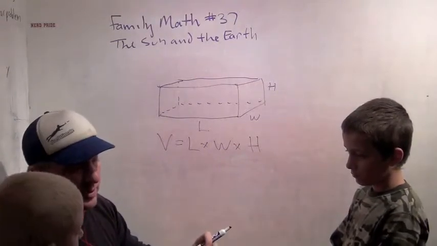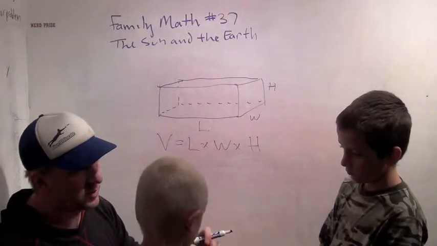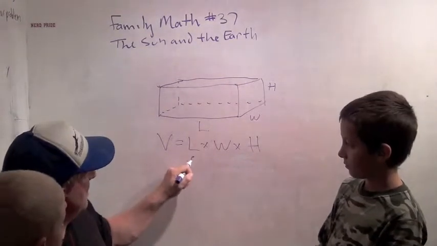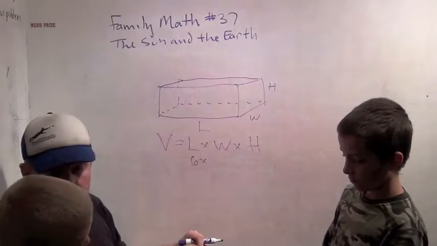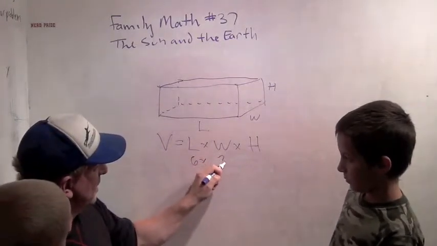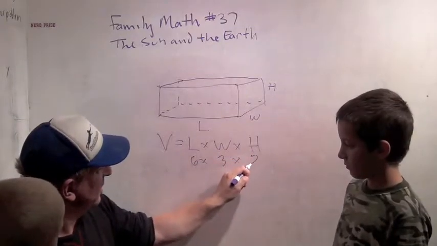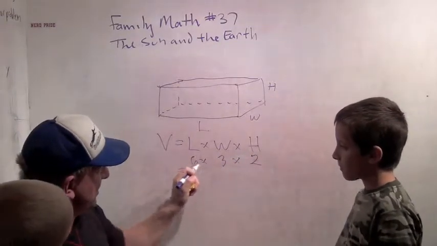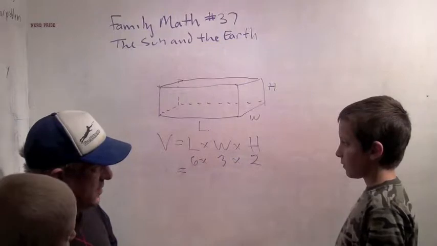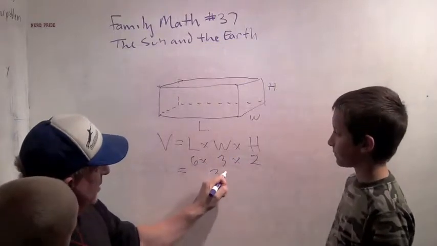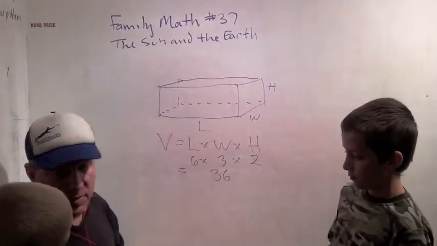Can you count them for me real quick? 1, 2, 3, 4, 5, 6. 6 times how many wide is it? 1, 2, 3. And how tall is it? Too tall. And does anybody know what 6 times 3 times 2 is? 36. So we used 36 Duplo blocks to make this.